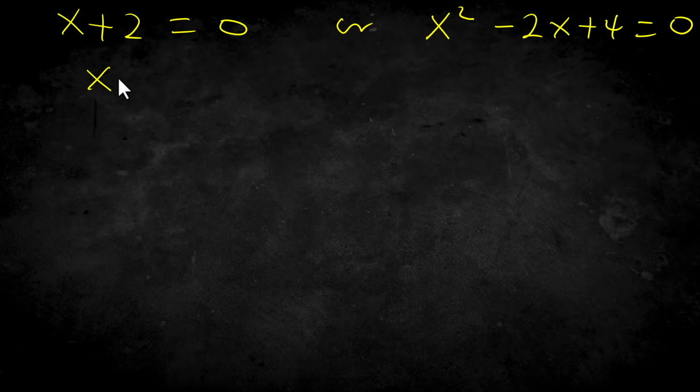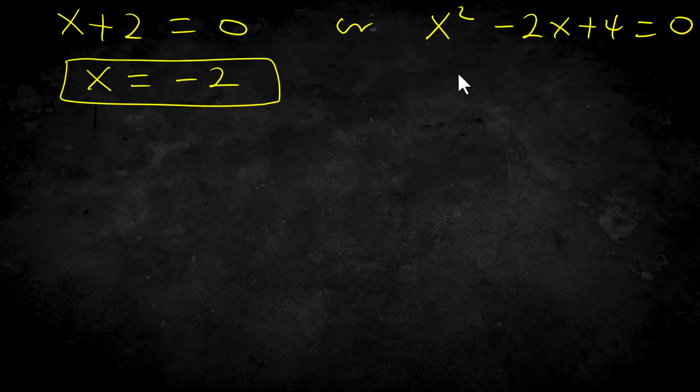So x equals minus 2, and this side x squared minus 2x plus 4. So let's look for the solution. So this side will be the x4. Okay, solution 4. Remember, we already have the first three solutions, so the fourth solution is minus 2. So let's look for the other solutions.